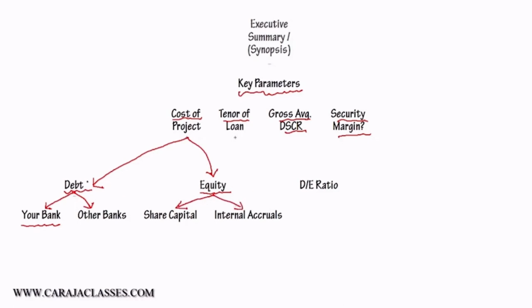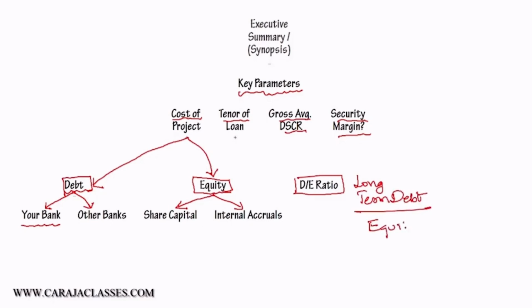Then when you have these two pieces of information, automatically you can derive debt equity. So debt equity ratio should also be provided. So what is debt equity ratio? Basically it is the long term debt divided by the equity brought in for the project.